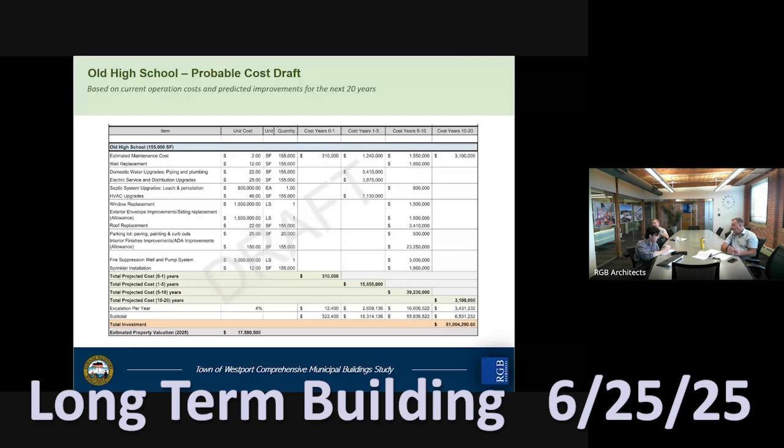Here's the danger part for the town. If something were to happen inside there, when someone gets hurt, the town would then be liable for that kind of stuff. So you have to look at that. Now, what's the liability of that? Right now, as it exists, there's no doors that stop anyone entering the senior center or the Council on Aging from going to the other side of the building.